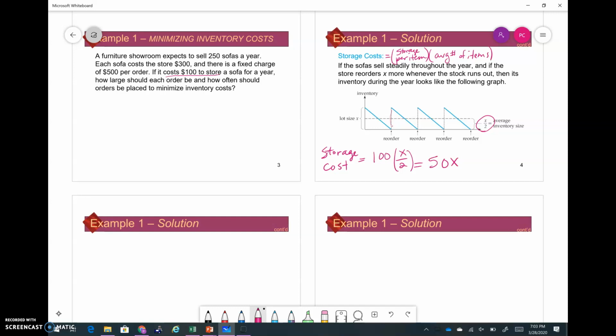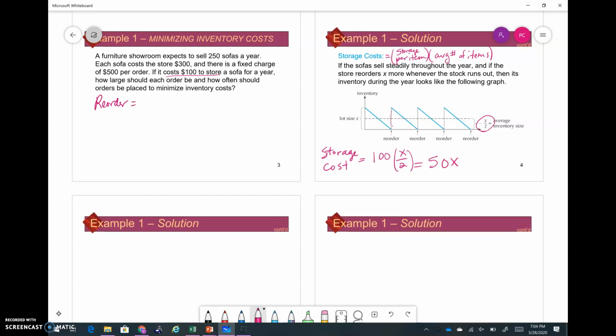We also need the reorder cost. Those are the two things that we need to come up with how to minimize inventory cost altogether. If we read the second sentence, it says each sofa costs the store $300, and there's a fixed charge of $500 per order. So that reorder cost is going to be the cost per order.